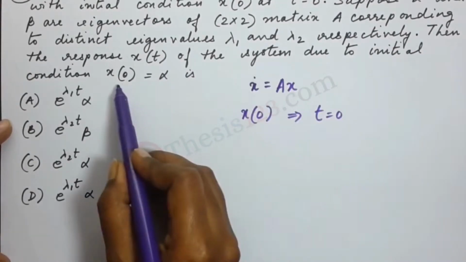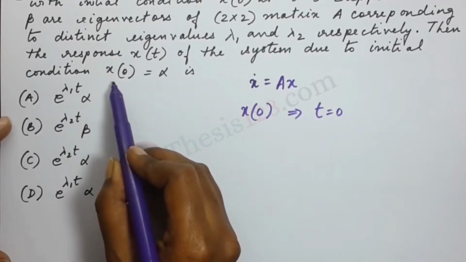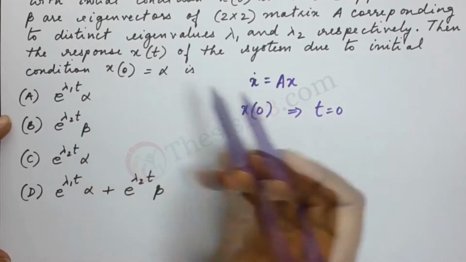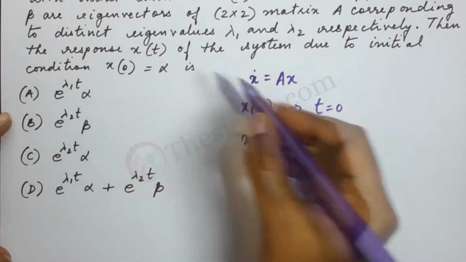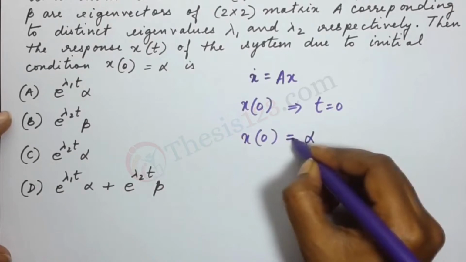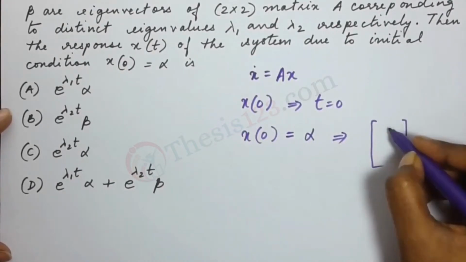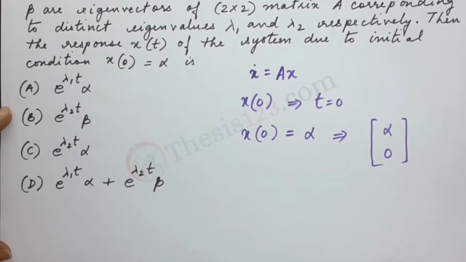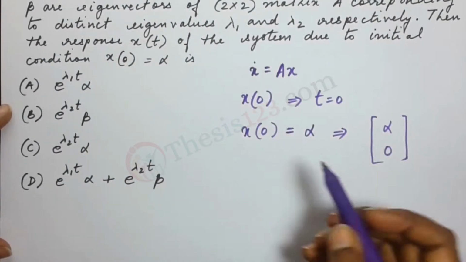Now the question asks us to find out the response for the initial condition of x of 0 is equal to alpha. If x of 0 is equal to alpha, this gives us an initial condition of alpha, 0, in matrix form. Okay.